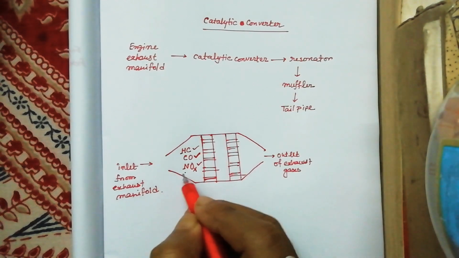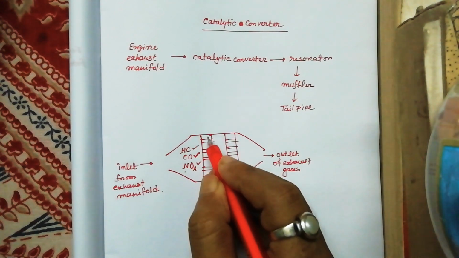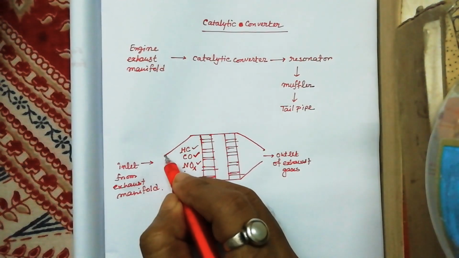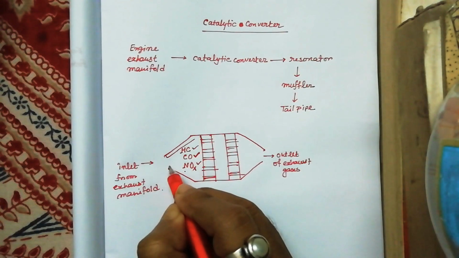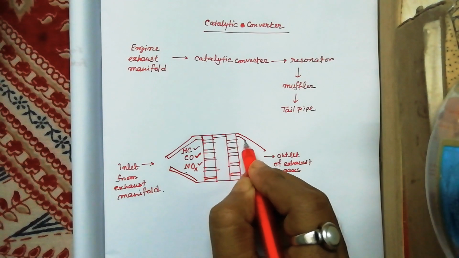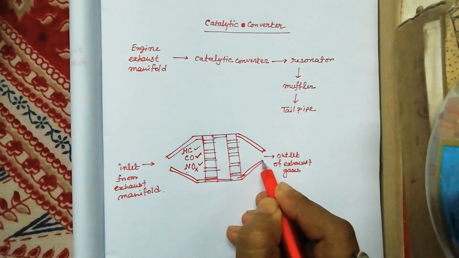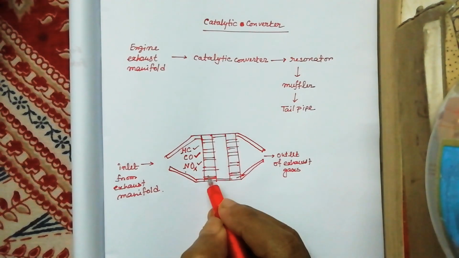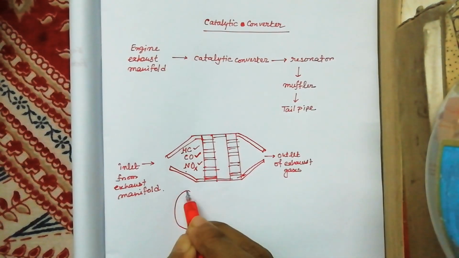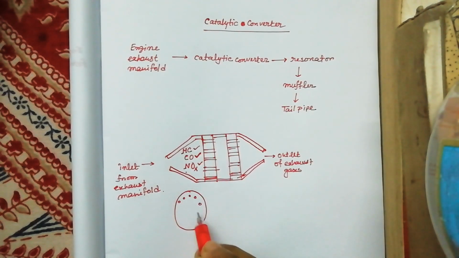So we will discuss the three-way catalytic converter here. You just see there are two sections I draw here. This is a catalytic converter basically. So this is the structure of a catalytic converter. If you see the cross section of this part, it looks like this, and there are many tubes here.